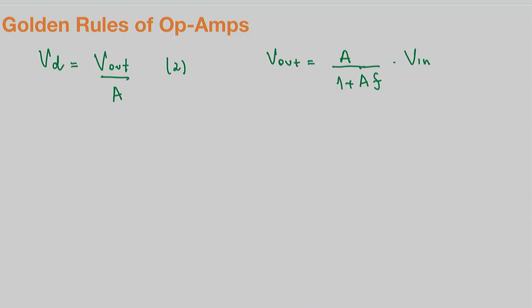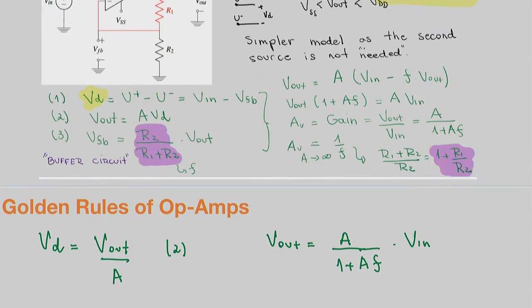So one of the equations that we had from before is that Vout is equal to A, the operational amplifier gain, times VD.